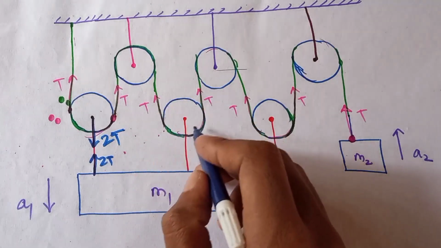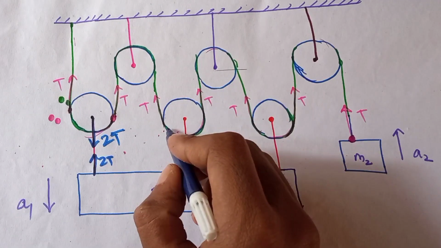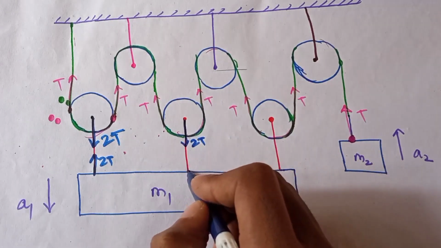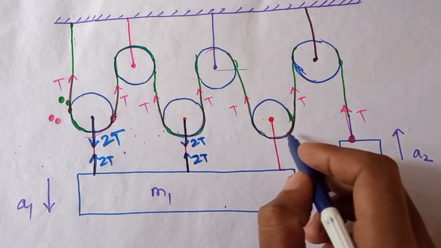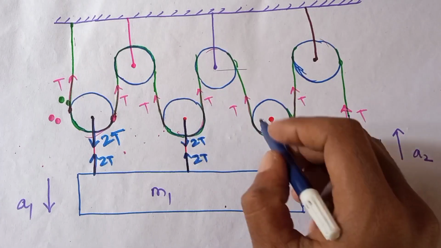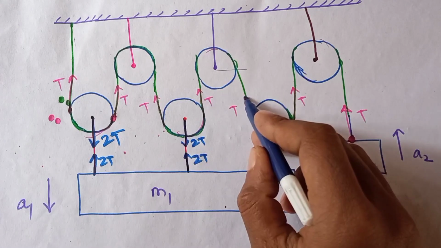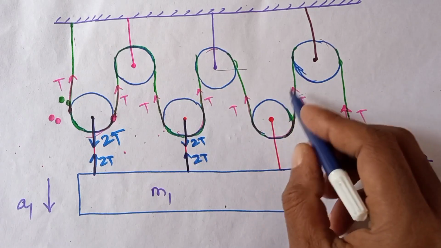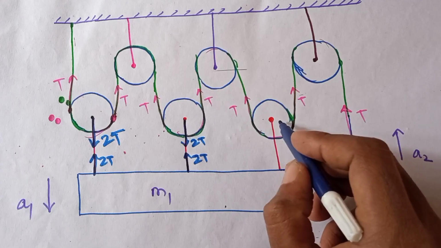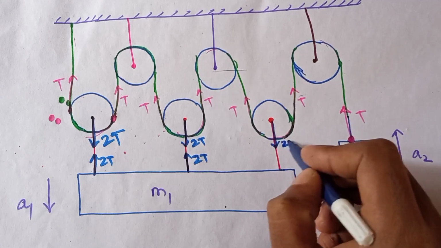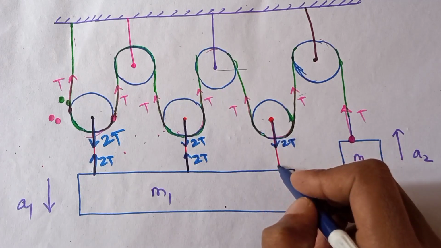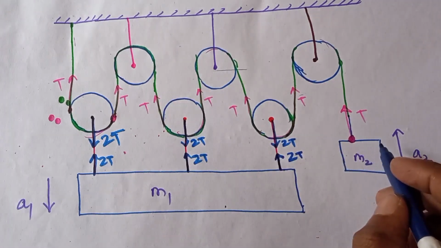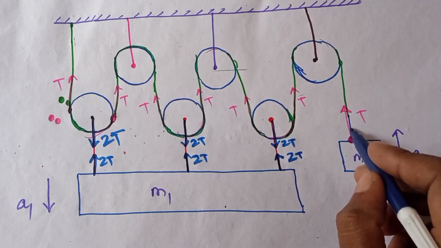Similarly for this pulley, the force is 2T upward, so this should be 2T and here also 2T. For this pulley, there is a force T upward and another force T upward, so 2T upward, but the net force on the massless pulley should be 0, so this force should be 2T. This is another string, same string means same tension, so the tension here will be 2T. Similarly for this string the T is in the upward direction.